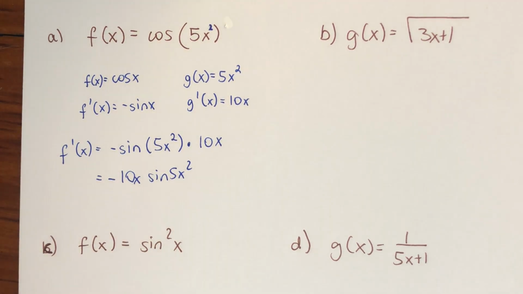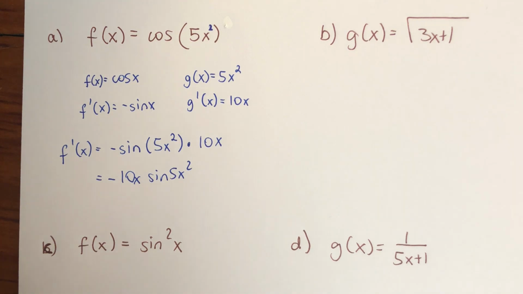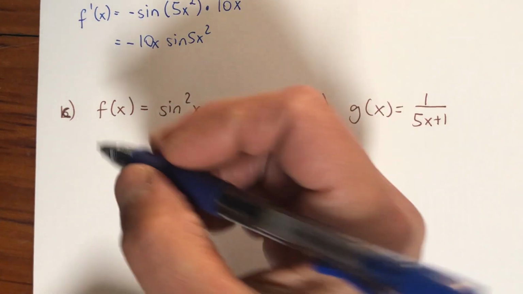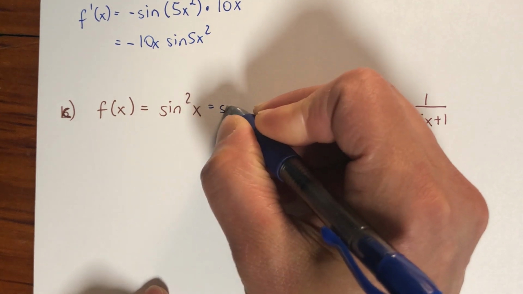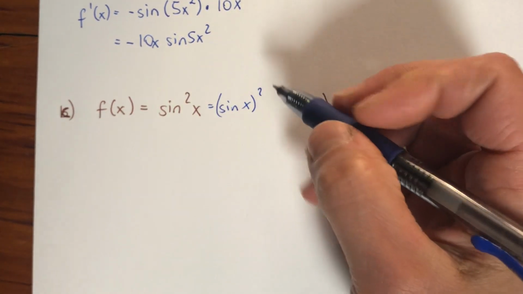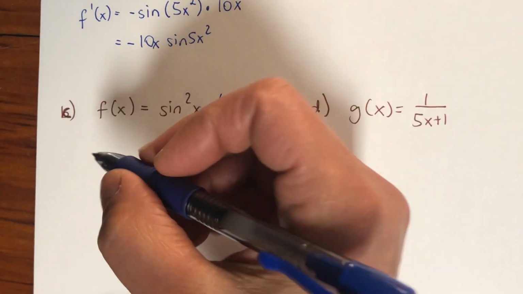I have another one that will have a trig involved. And this one, well, do you need to do the composition of the function? Maybe, maybe not. I will because I want to. So keep in mind that this can also be written as sine of x squared. So what are we going to do?